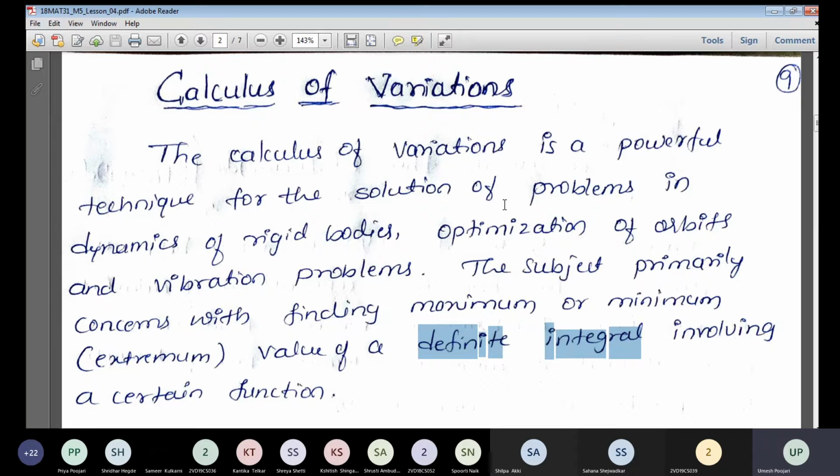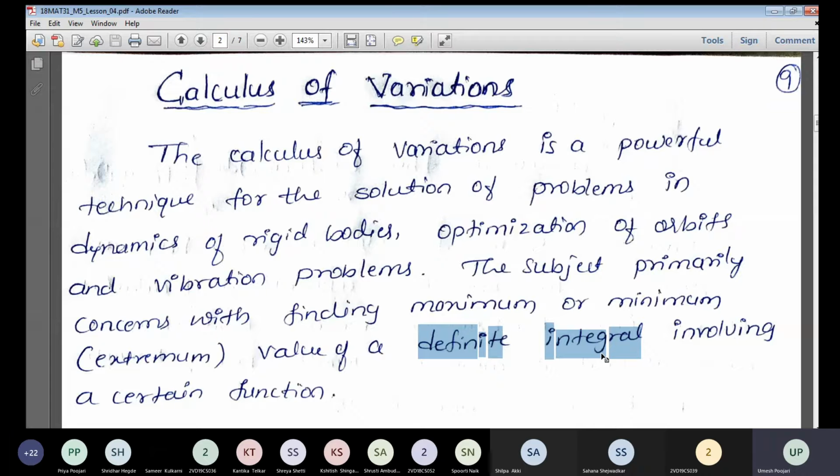Variation is nothing but a small change in some function. One function will be given, and there will be small changes in it. That small change is called variation. So we have to find the maximum or minimum with respect to variation of that function under the definite integral.